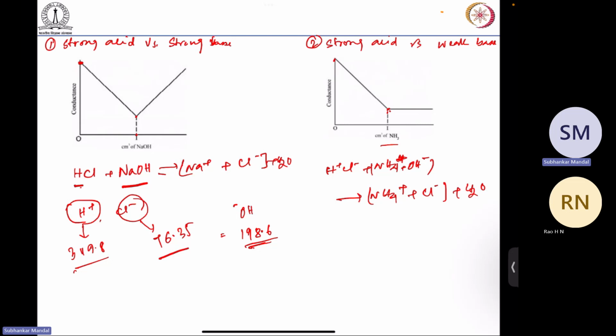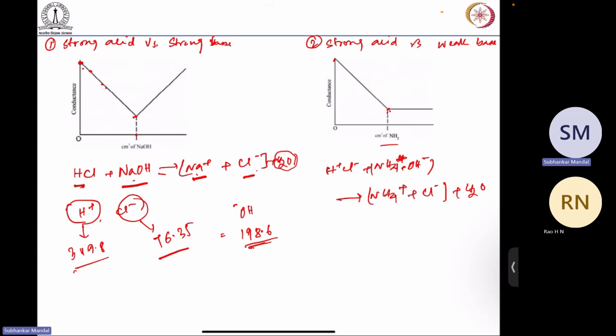So in the addition of NaOH, water is forming, and Na plus and Cl minus are forming. So when adding NaOH to your solution, the conducting ions are Na plus, Cl minus and H2O, along with the initial HCl. For this, the conductivity initially decreases linearly.